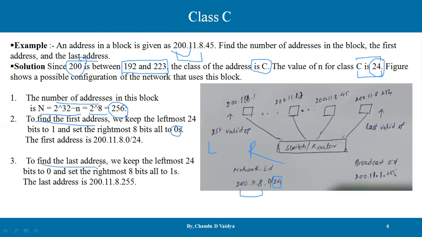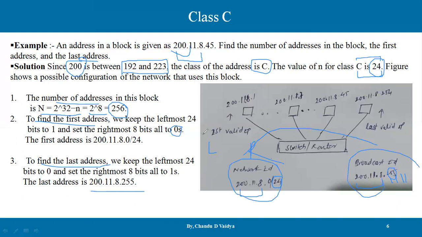And to find the last address, we have to keep the left-hand side, the net portion, as it is, and we have to make all the bits on the right-hand side 1. If all 8 bits are 1, the value will be 255. So my last address will be 200.11.8.255. This will be the last address, guys. In between, all are valid IP addresses; the first is the network address and the last is the broadcast ID.